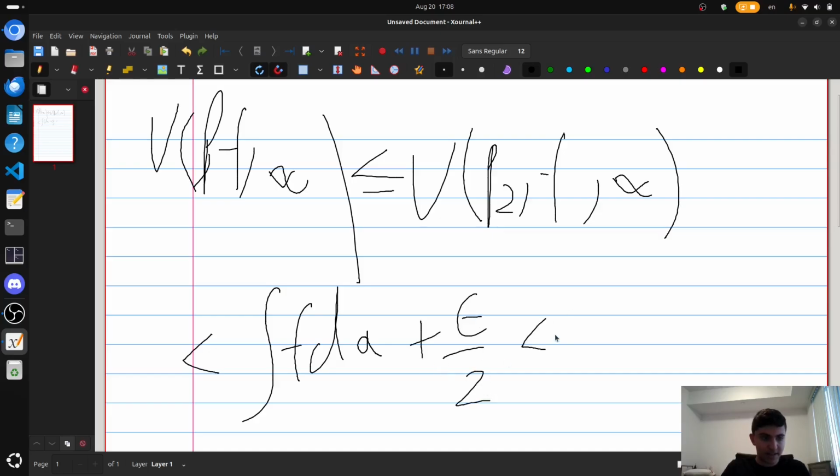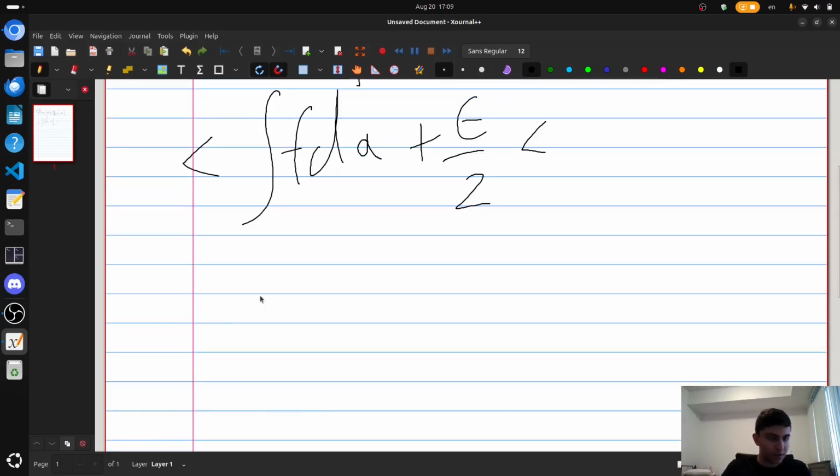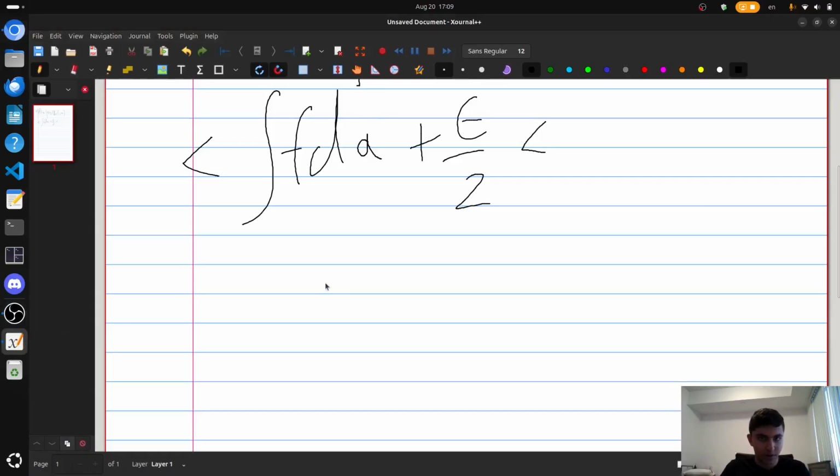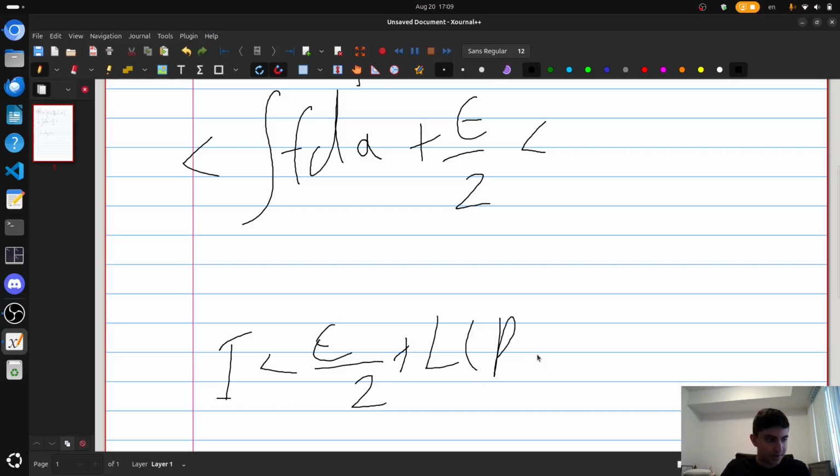Now notice, we know from this inequality over here that the integral is less than epsilon over 2 plus L(P1, f, alpha). So you know I is less than epsilon over 2 plus L(P1, f, alpha).